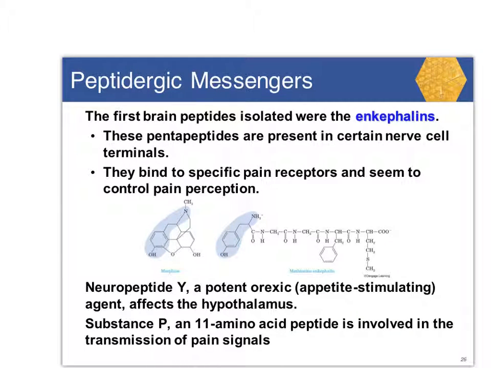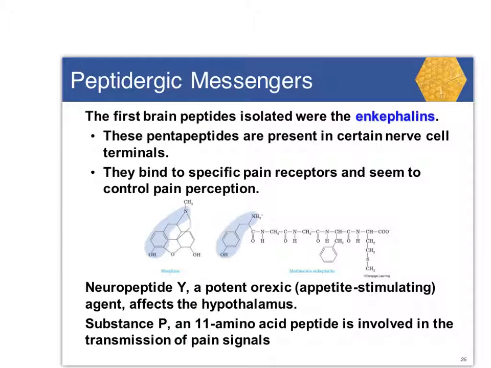Another brain peptide is called neuropeptide Y, and that affects the hypothalamus. So this has to do with your body's hormonal and nervous system. The neuropeptide Y is a potent orexic, which means appetite stimulating agent.